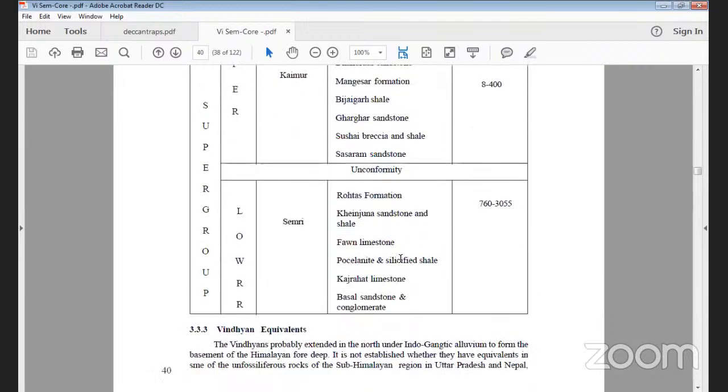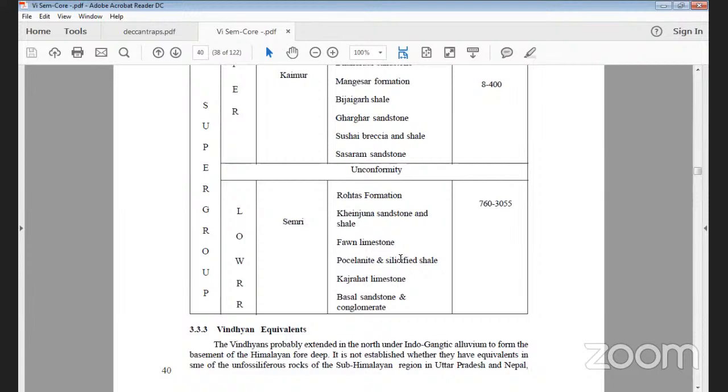The formations of the Semri group are the basal sandstone conglomerates, Khajrahat limestone, Rampur limestone, and silicified shale. One more is the Kheinjua sandstone and shale. And the final one is the Rohtas formation.